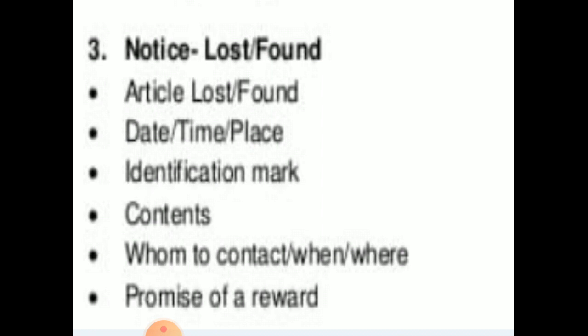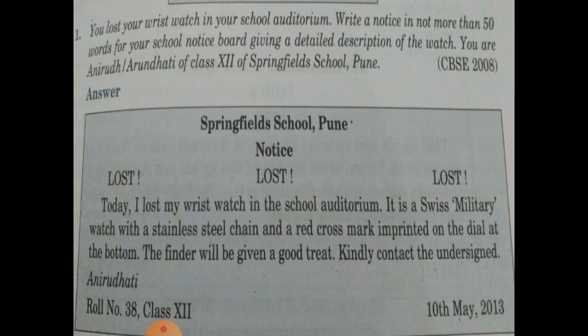And you can also mention promise of a reward in the notices regarding lost and found. Then again, here is another sample regarding the notices lost and found, and it is related to lost. So just go through it and try to comprehend the concept.